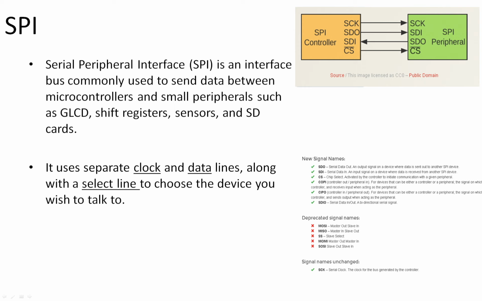There is on the internet some confusion across manufacturers about the naming conventions. The typical naming convention on the SPI controller, which is shown in the right top diagram, is SCK for the clock, SDO or serial data out, SDI serial data in, and CS or chip select.